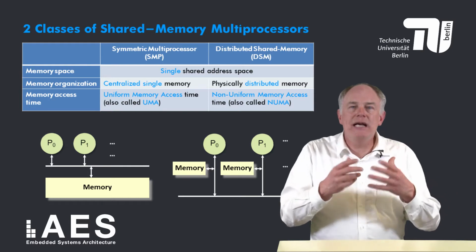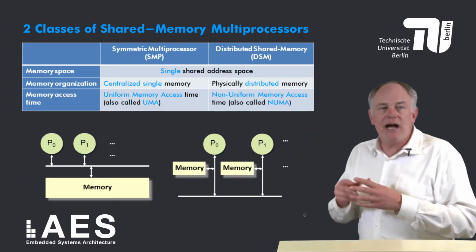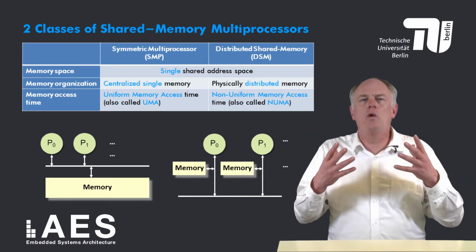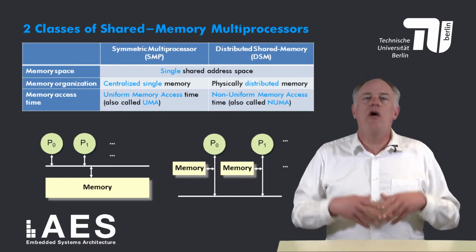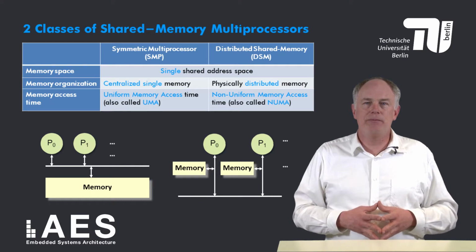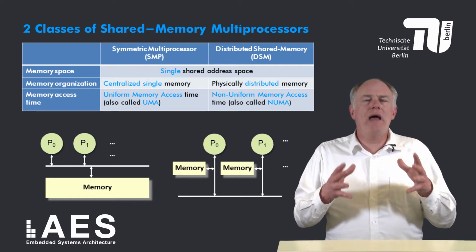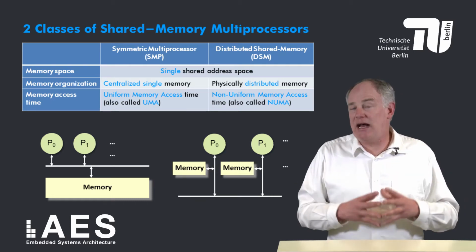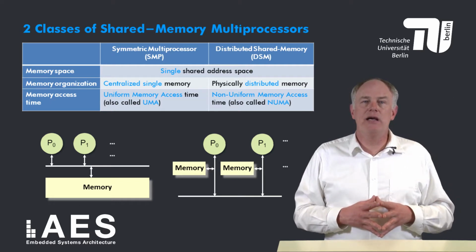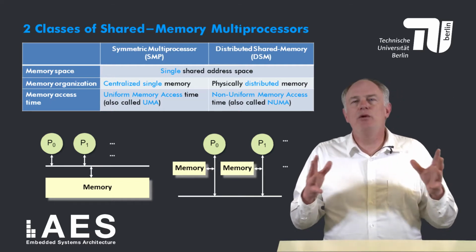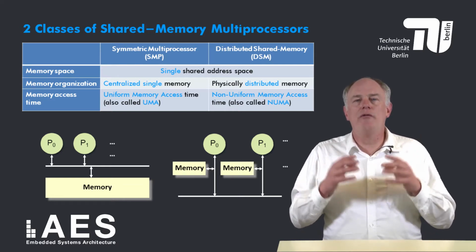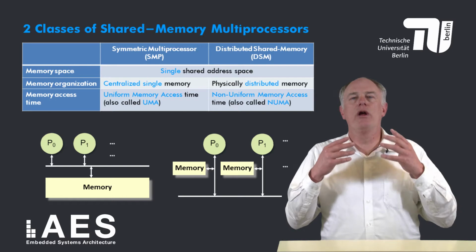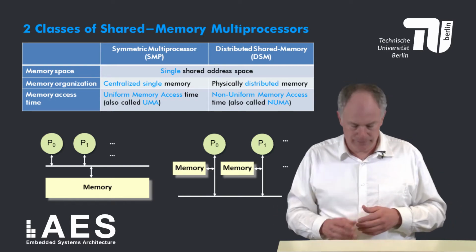In this organization, each processor is directly attached to a local memory module, and the aggregate of all local memories forms the shared memory space. However, a local memory access is much faster than a remote memory access, and for this reason, distributed shared memory systems are also called non-uniform memory access or NUMA architectures.